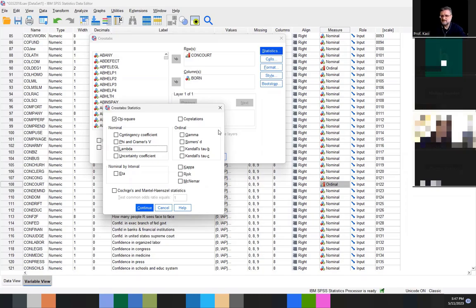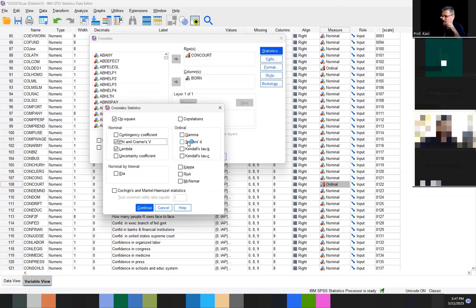Lambda. Why? Oh, because there is an ordinal and a nominal. That's very good. That was a trick thing, just to see if you're paying attention. So we go to ordinal only when both variables are ordinal, okay?